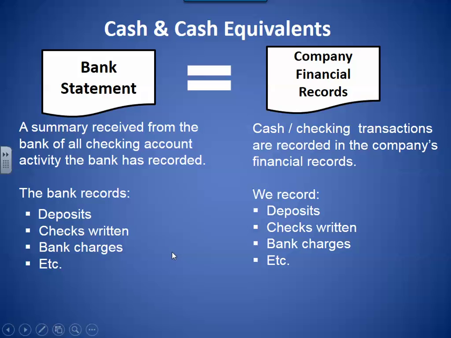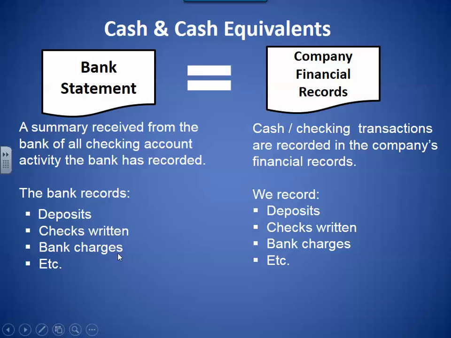Now, in reality, when we record something it may take some time for the bank to also record it. A deposit that we make today, we send to the bank, and it may not get recorded until the next day or the day after. Checks that we write today may not be presented to the bank until weeks after they've been written.